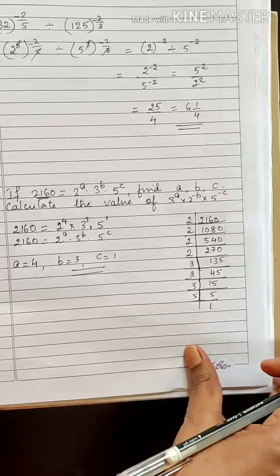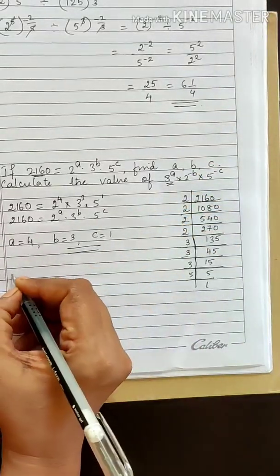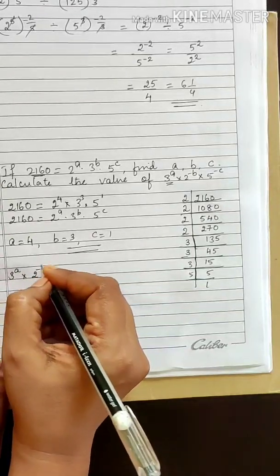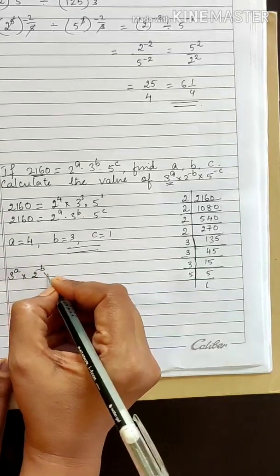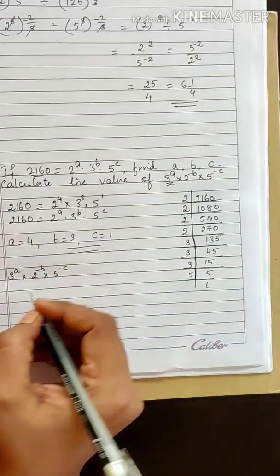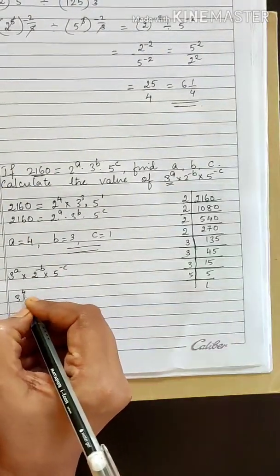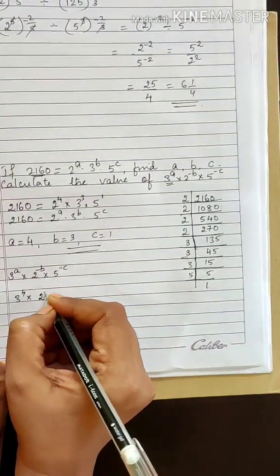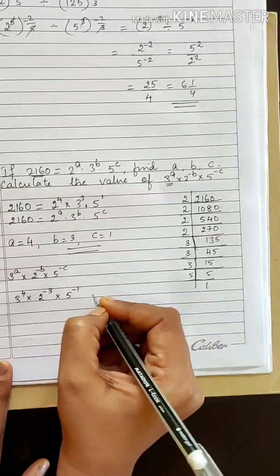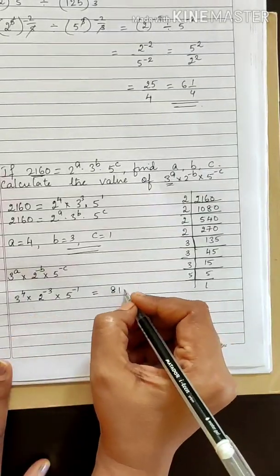After finding the value of A, B and C, you have to find the value of the given expression, that is 3 to the power of A into 2 to the power of minus B into 5 to the power of minus C. So this will become 3 to the power of 4 into 2 to the power of minus 3 into 5 to the power of minus 1. This 3 to the power of 4 is 81.